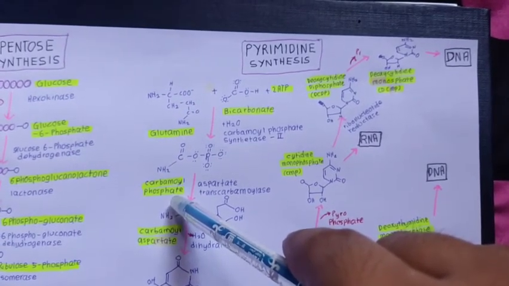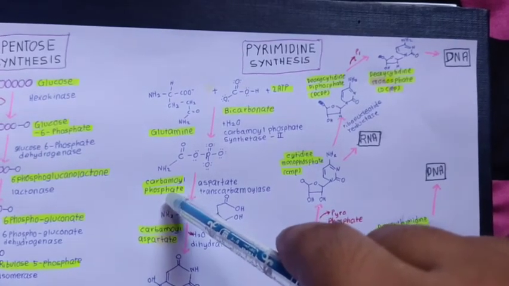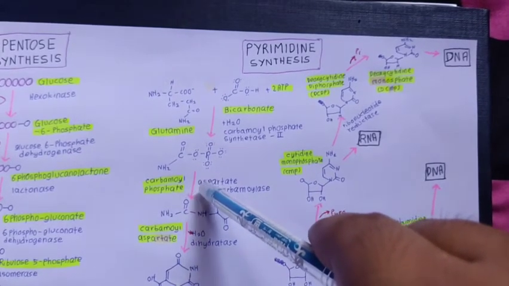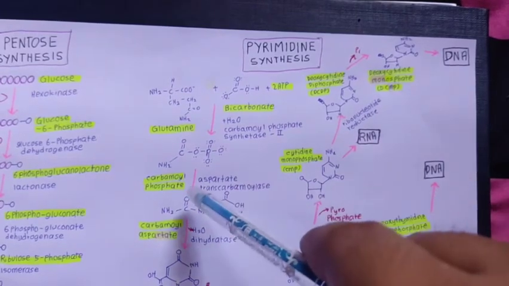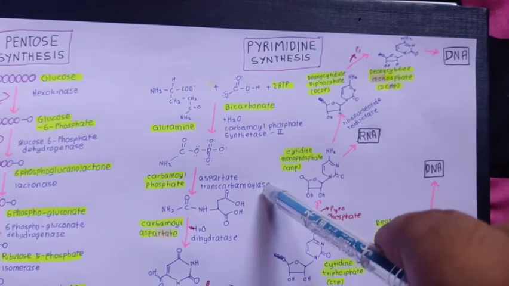Then, we must add carbamoyl phosphate with aspartate. To add aspartate, we need to use the enzyme called aspartate transcarbamylase.